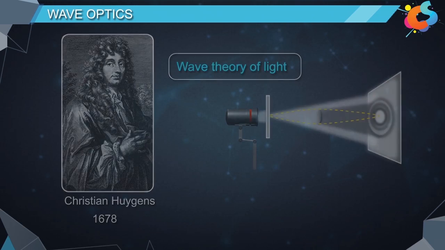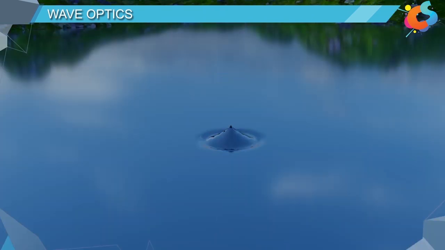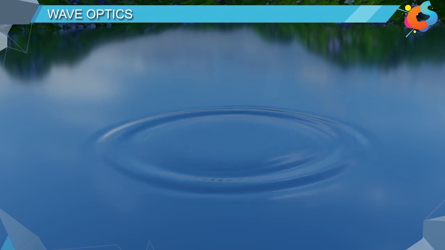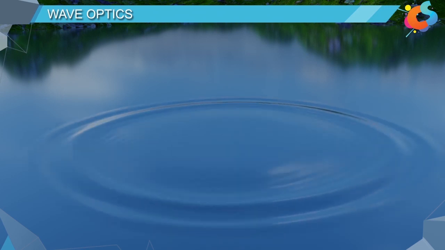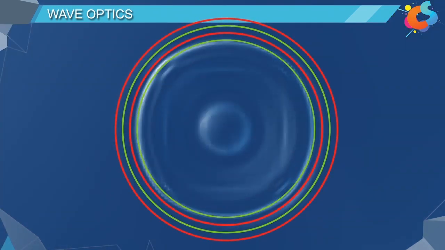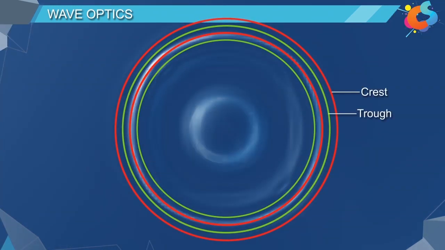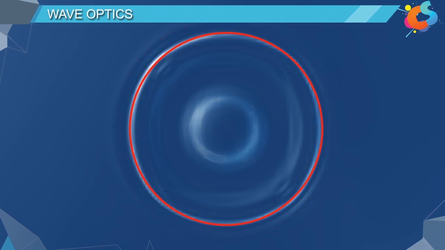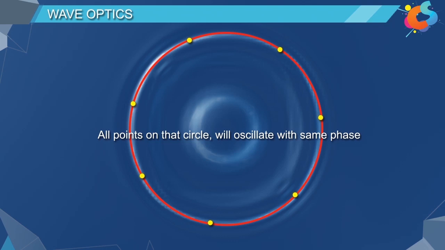When a stone is dropped into a stagnant water of a pond, waves spread out from the point of impact in concentric circles. Every concentric circle is associated with either a crest or a trough. If we consider any concentric circle, all points on the circle will oscillate with the same phase.